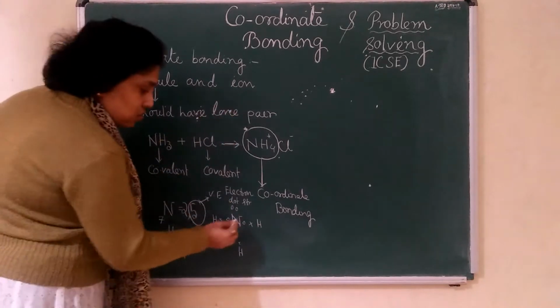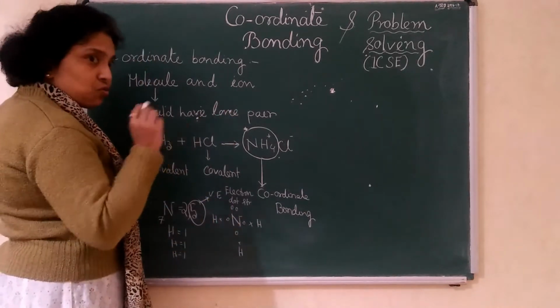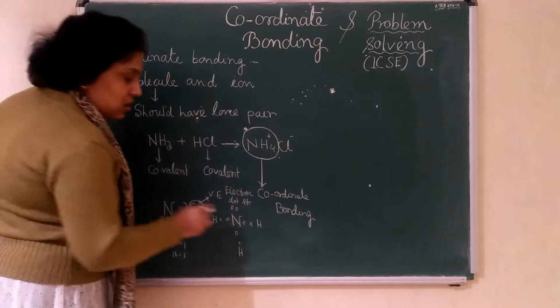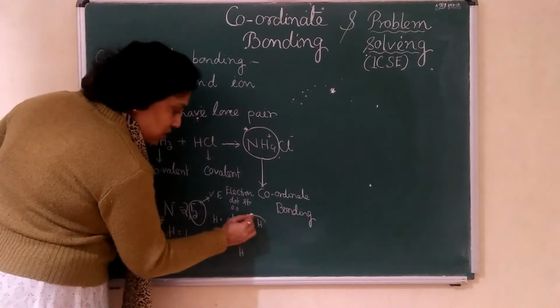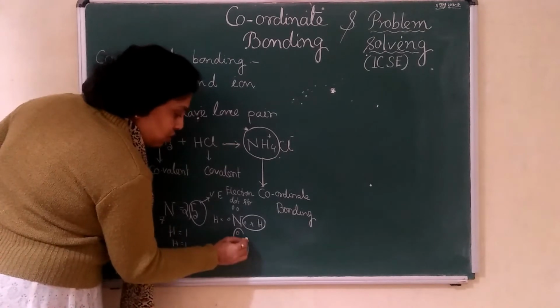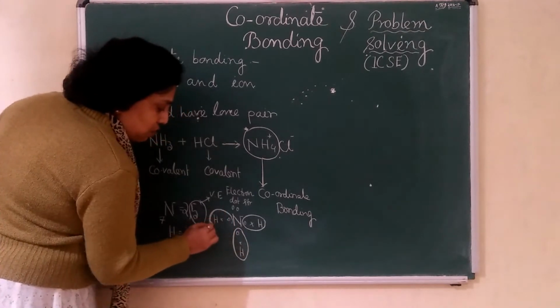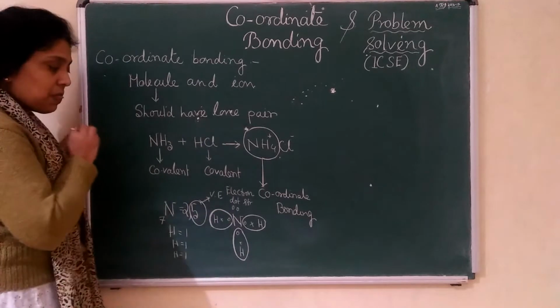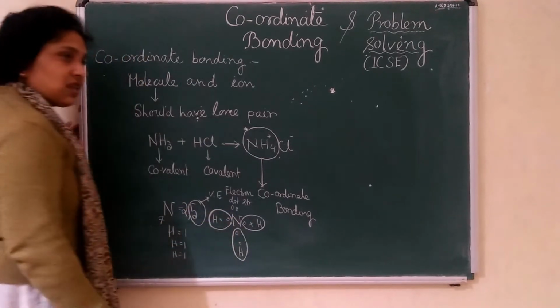Helium. Helium's atomic number is 2, so 2 electrons. So hydrogen gets the configuration of helium, which is also called duplet configuration.